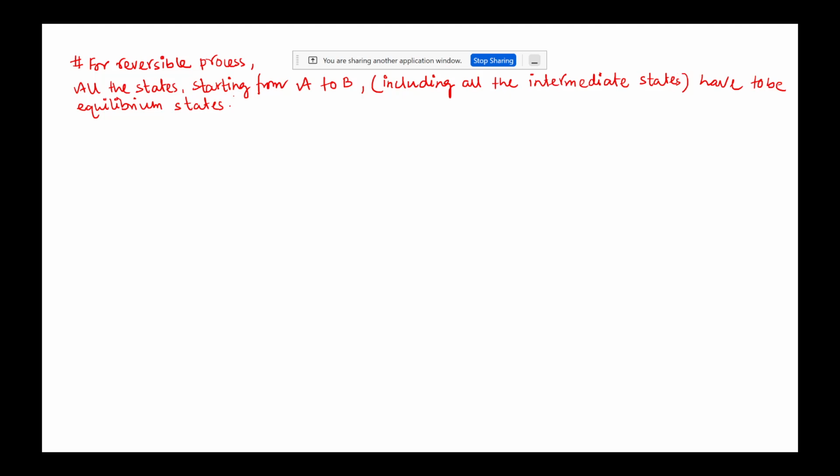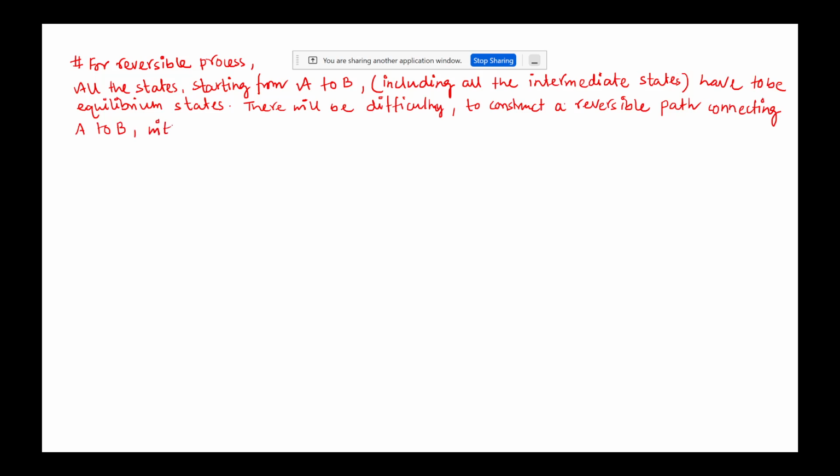Now, if any one of the states is non-equilibrium, there will be difficulty to construct a reversible path connecting A to B with the same work.